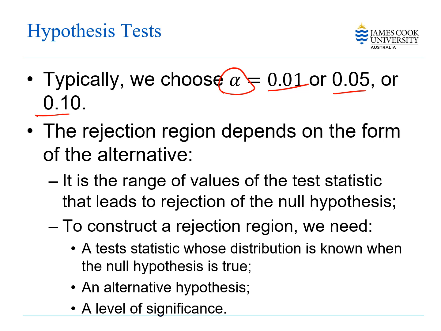So to construct this rejection region, we need the test statistic, and importantly, its distribution should not depend on any unknown parameters. And we need to choose an alternative hypothesis. We need to choose a level of significance alpha.